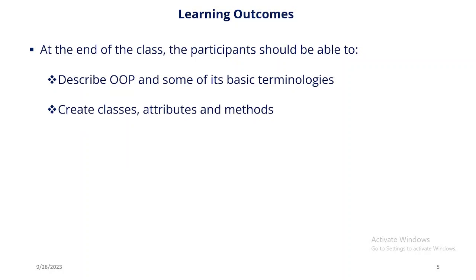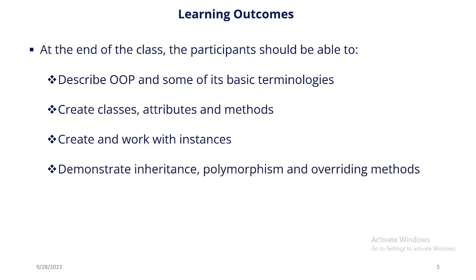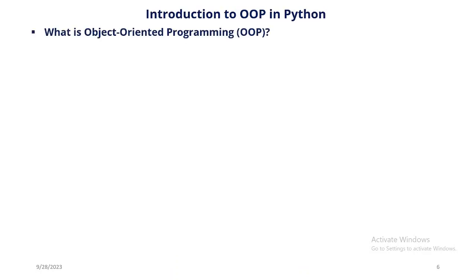You should be able to create classes, attributes and methods, create and work with instances, demonstrate inheritance, polymorphism and method overriding, and import classes into programs in various ways. So let's look at Introduction to Object-Oriented Programming in Python.